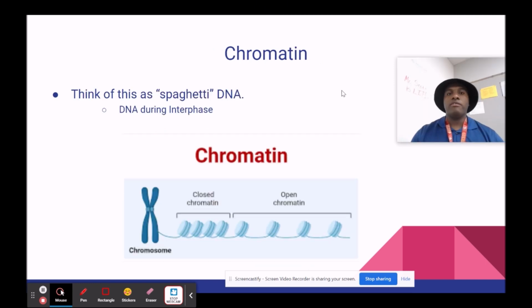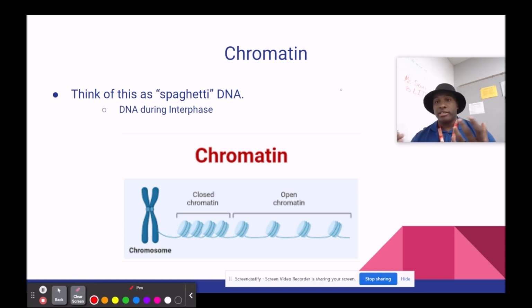Next, we have chromatin. So again, I told you there's going to be a lot of C words and a lot of them look the same. So chromatin with an N, the best way I can describe this to you is if you've ever made spaghetti, and you take the spaghetti out of the pot and you strain it, get all the water out. If you were just to reach in and grab that spaghetti, no sauce, just noodles, that's kind of what chromatin is like.